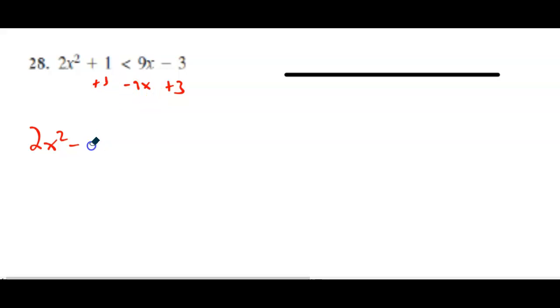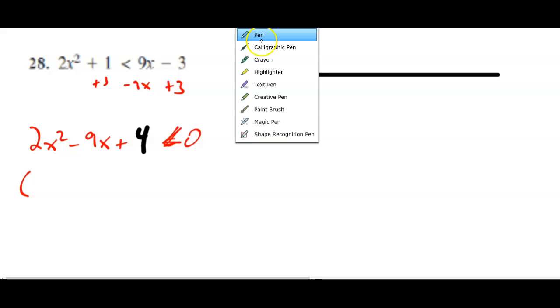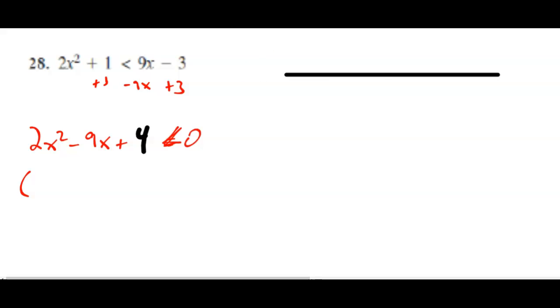If you add 3, you get plus 4, and then minus 9x, less than 0. Sorry, I put 4x. That's just 4. Sorry, y'all. It's just 4.